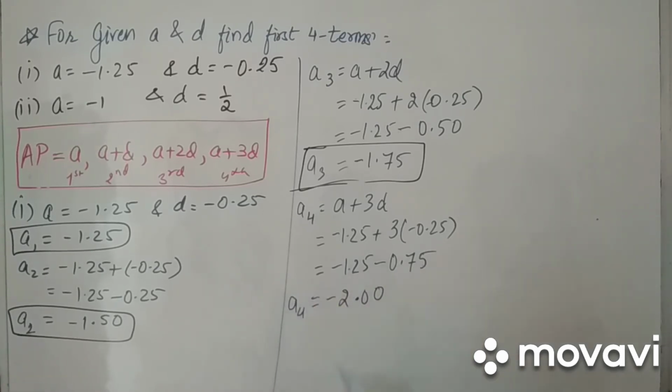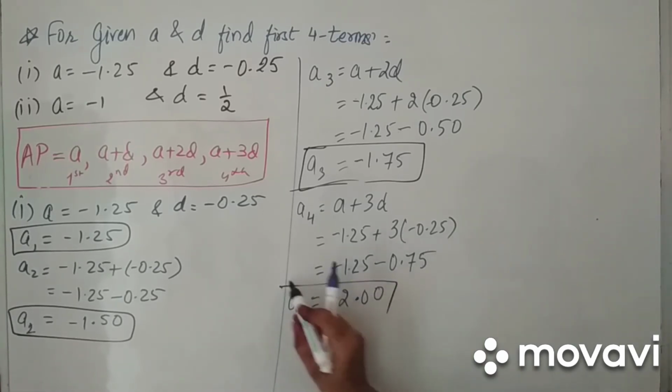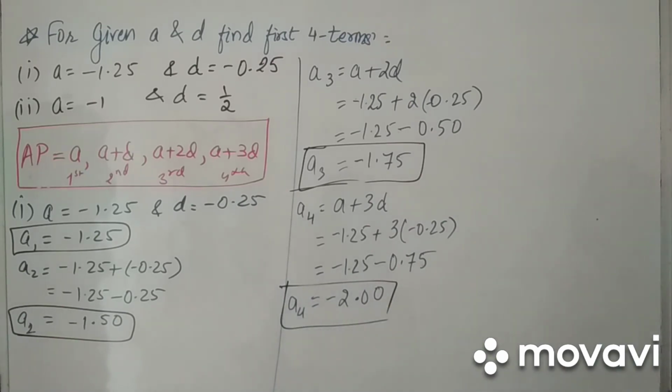So A4 is minus 2. So we can write the AP here as minus 1.25, minus 1.50, minus 1.75, minus 2.00. Okay, as they asked for the first 4 terms.